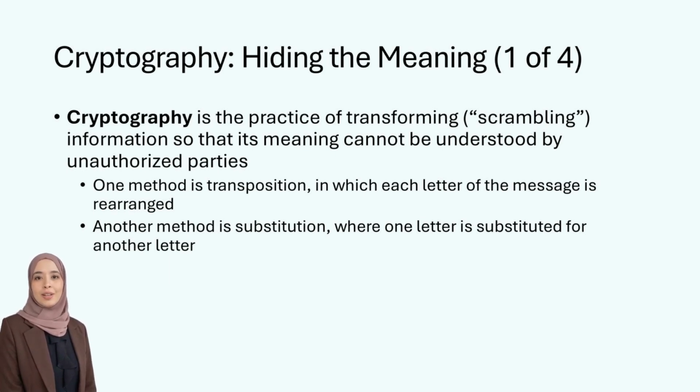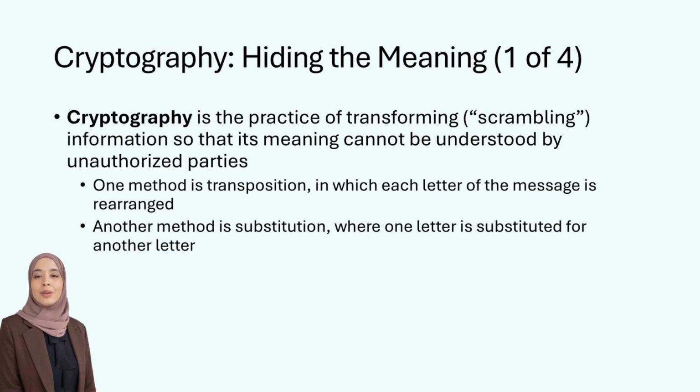One method of cryptography is transposition, where the letters in the message are arranged in a different order. If we have a message that contains several words, we play with the letters of those words. There are different methods. Another one, for example, is substitution, where one letter is replaced with another letter or with another symbol.